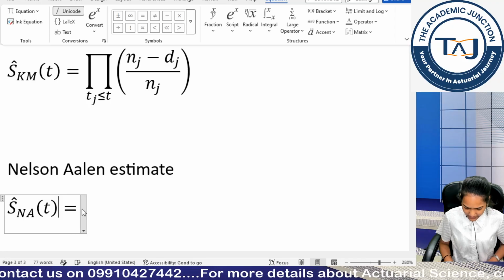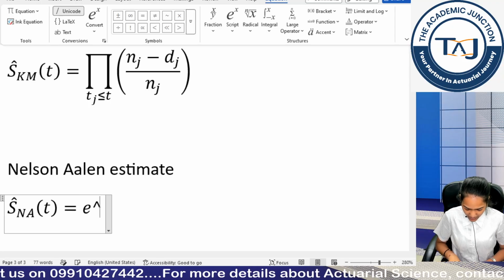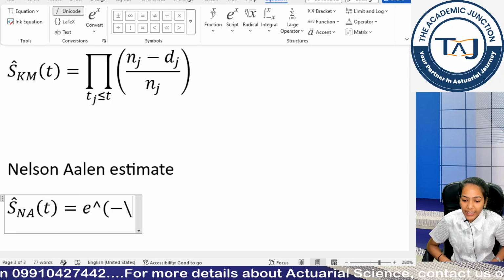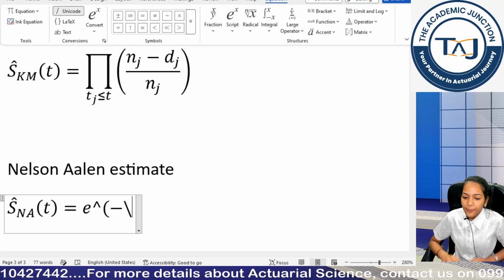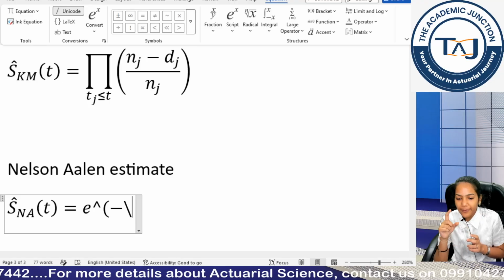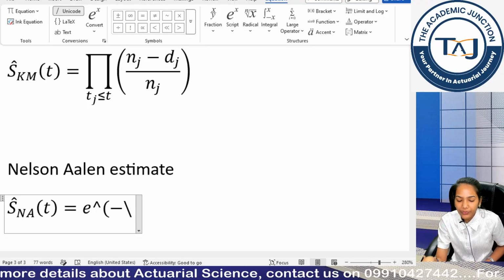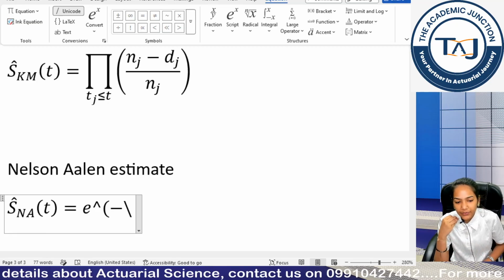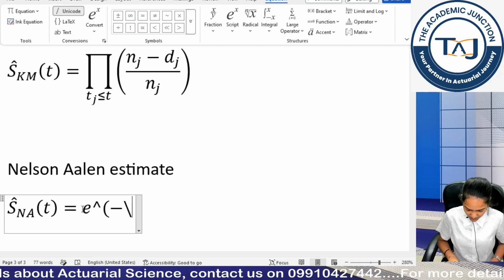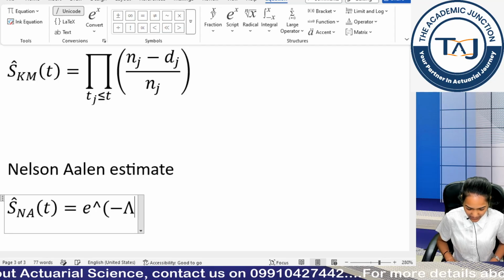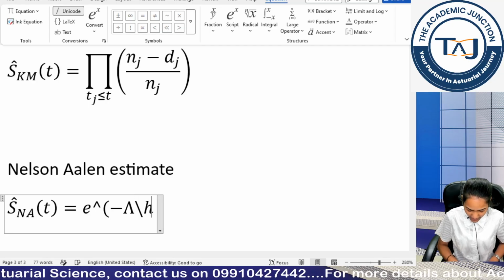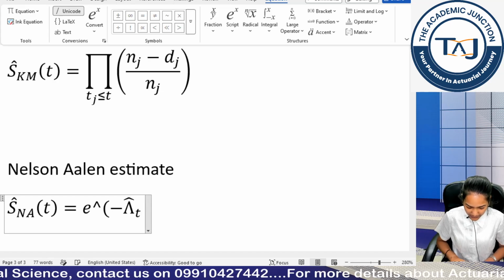Okay, this is equal to e to the power minus, now for capital lambda what I told you is, in the equationator if you write capital L, then it will convert into capital lambda. If you are using small l, then it will convert into normal lambda, right. So capital lambda. Okay, then we have hat in this as well, then we have t.